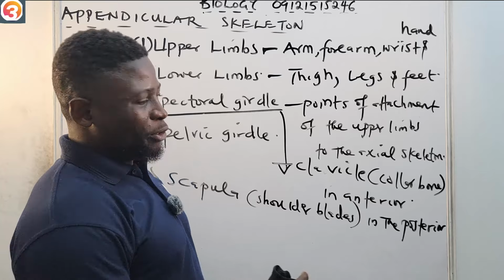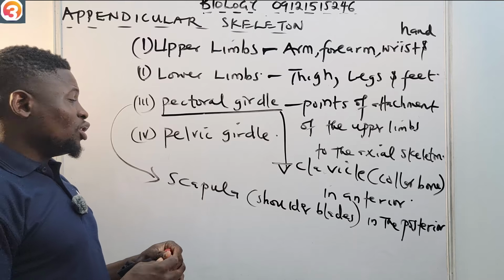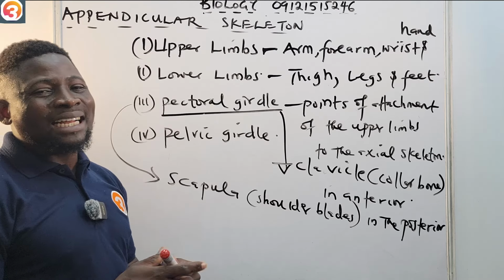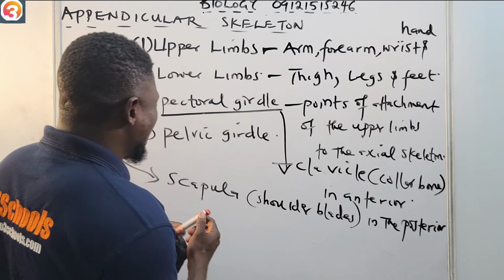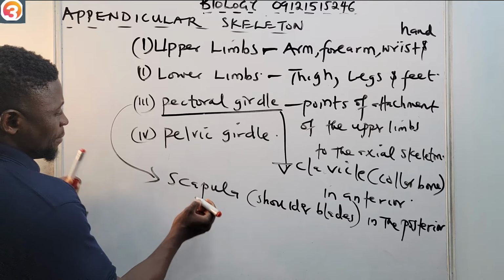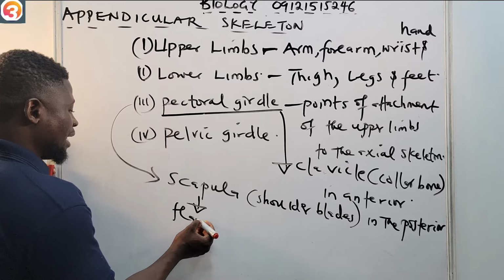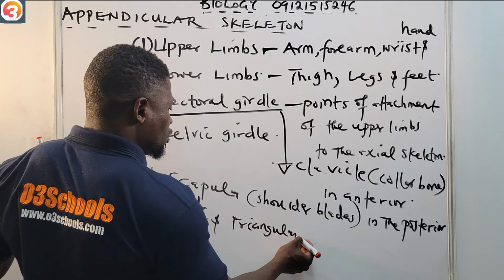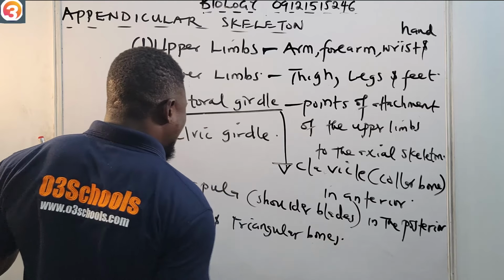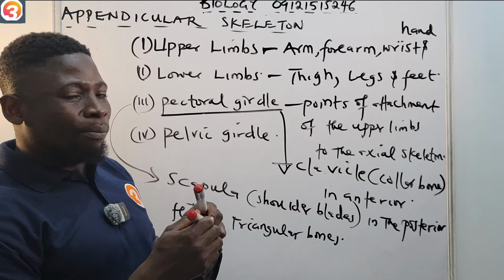Now, the bones of the scapula are flat and triangular. This scapula you see here has flat and triangular bones.